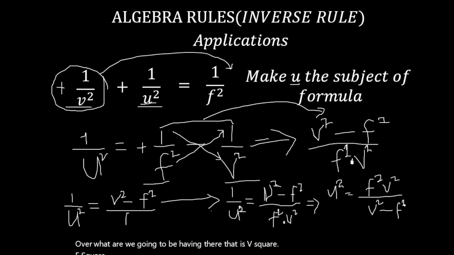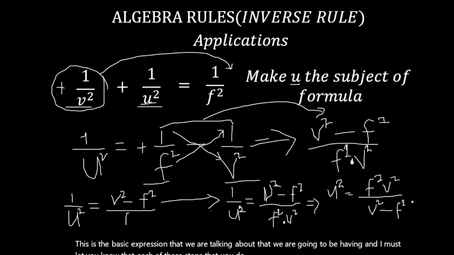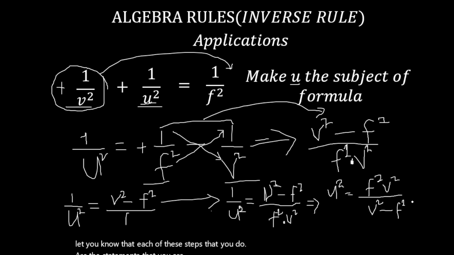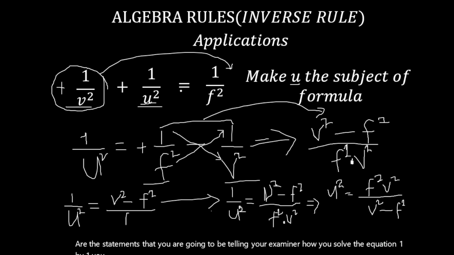So this is the basic expression that we're going to be having. And I must let you know that each of these steps that you do are the statements that you are going to be telling your examiner how you solve the equation one by one. You know, we didn't write any statement in this place.